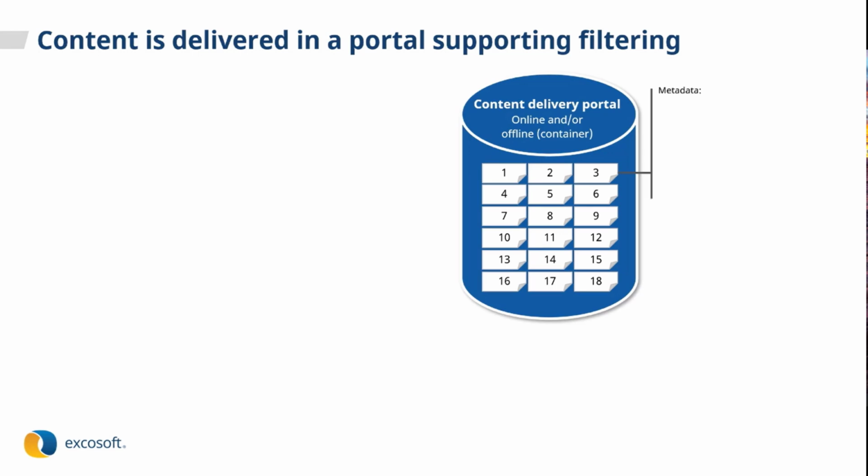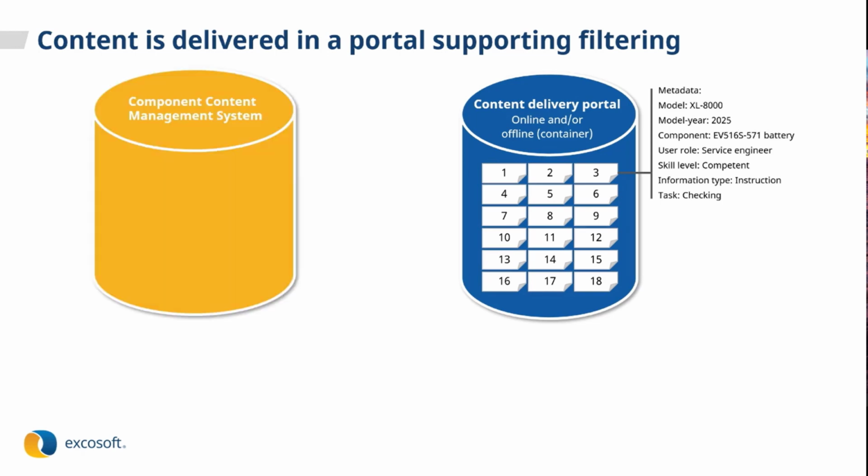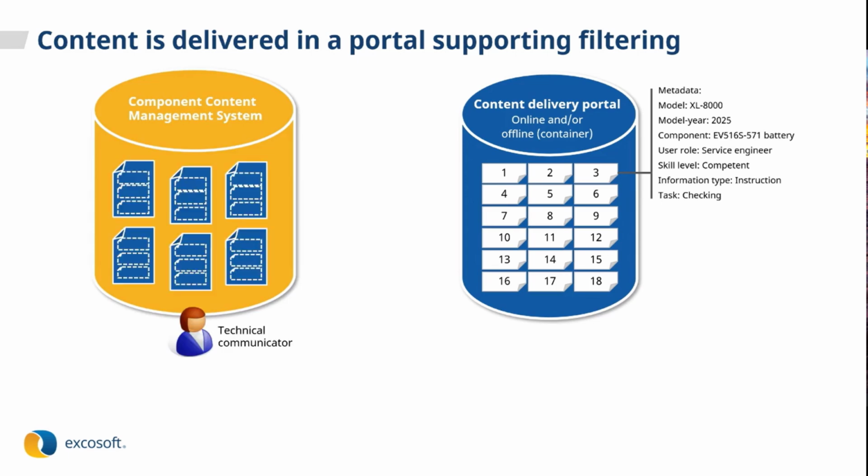And each topic has the metadata, as you saw on the previous slide. And this can be managed in a CCMS, of course. It can be published and uploaded. So the idea here is not to produce order-specific or situation-specific content from the CCMS, rather publish everything and let the filtering happen on the client side.